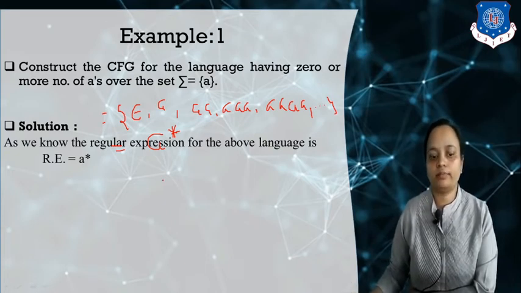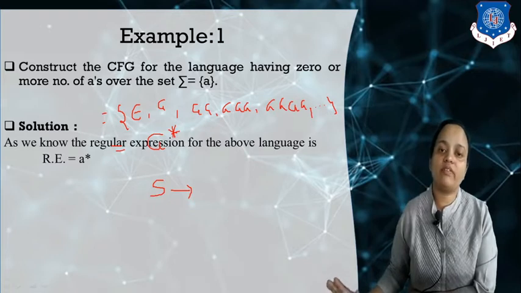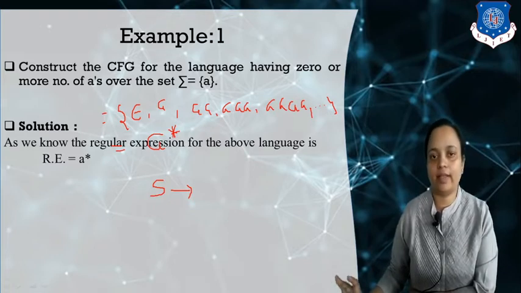So here I have written S derives. In our grammar I have used S as the start symbol, so when I generate the set of strings, it always starts from this capital S.